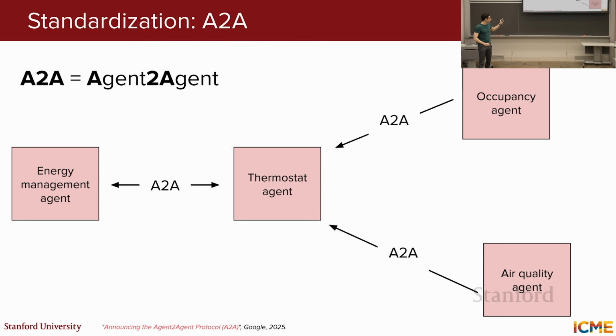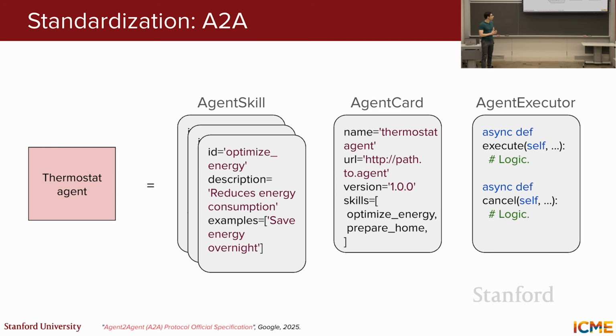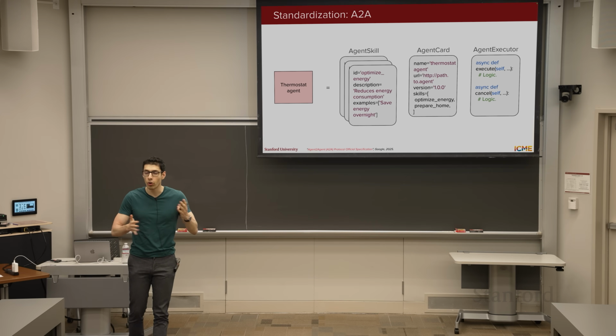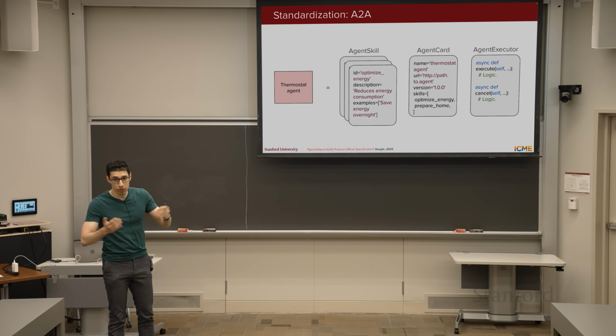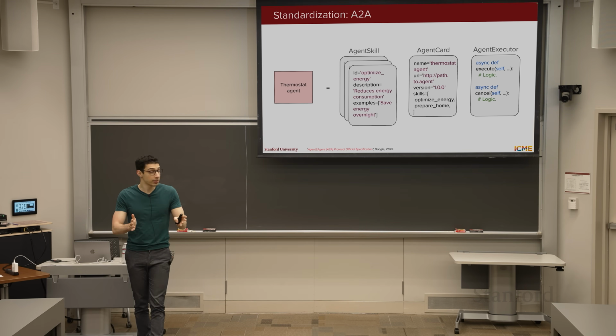So I highly recommend taking a look at their specification document, but just to give the main lines around it, you have some standardization of what an agent can expose. It typically exposes a set of skills, so it can do things, and then it gives examples about it so that other agents are aware of it. What you need to do as a developer is define these skills.